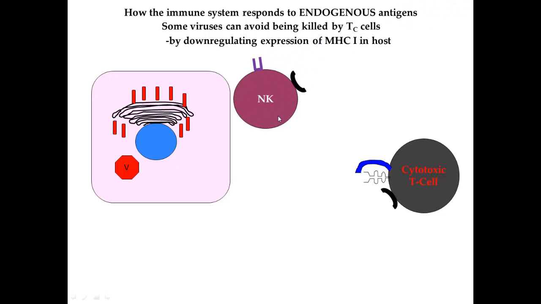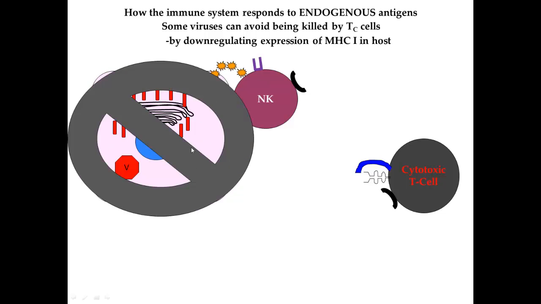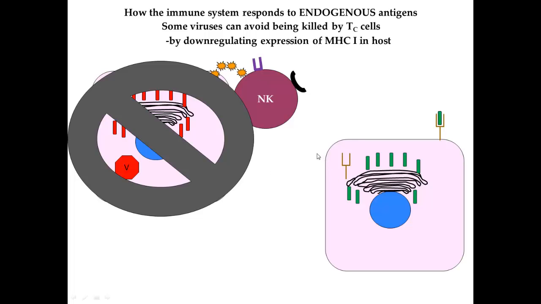Fear not. There is a backup system, and that comes in the form of natural killer cells. It's the job of natural killer cells to recognize host cells that are not expressing MHC1. And when they see cells like this, they release enzymes that cause that cell to die. What is it then that keeps natural killer cells from killing our normal cells? Natural killer cells are on unless they're turned off.